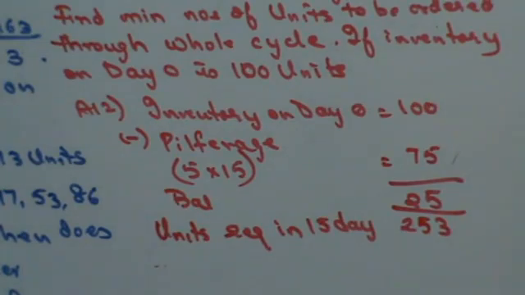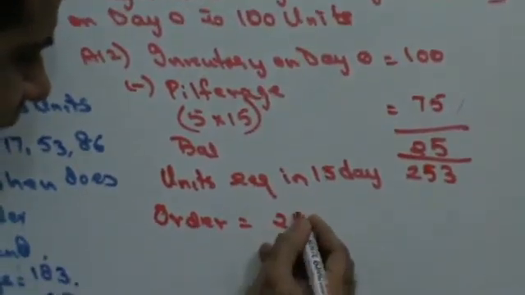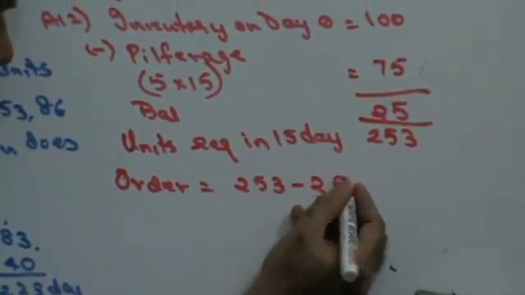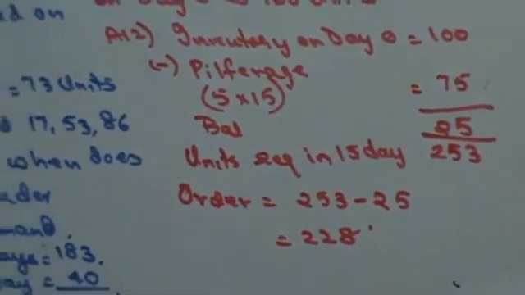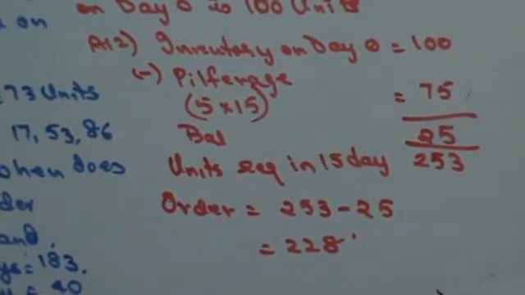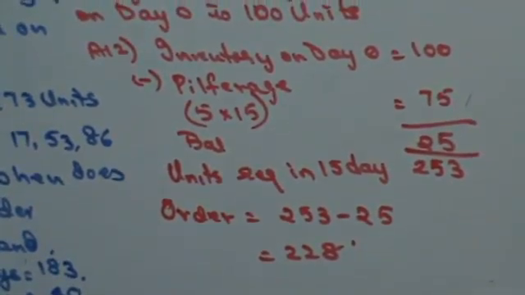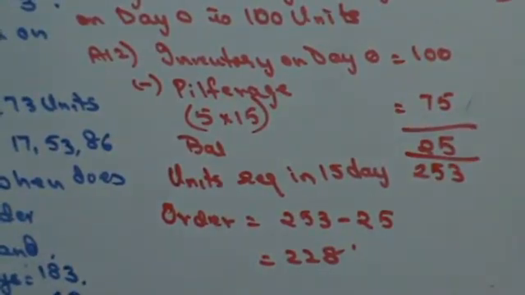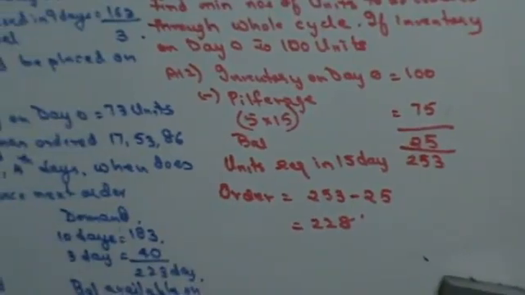So I should place an order for how many units? 233 units are required, out of which 25 units I have. I'll place an order for 208 units. Let me check this once again. 163, and this is 25, 35, 40, 50, 60, 70. 233. So that means the minimum order that has to be placed should be done for 208 units. Okay, we'll stop this here for the day.